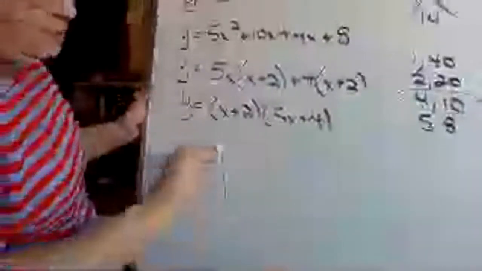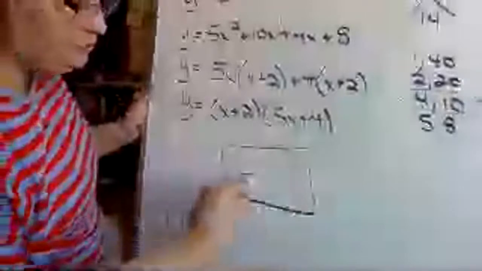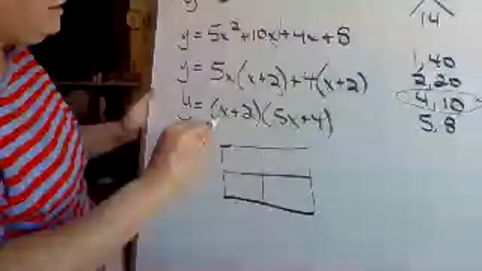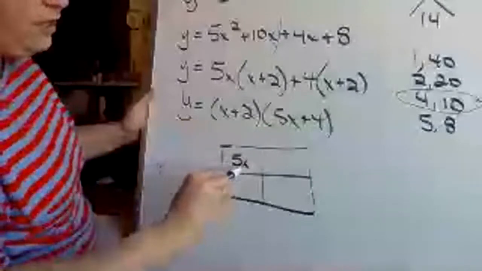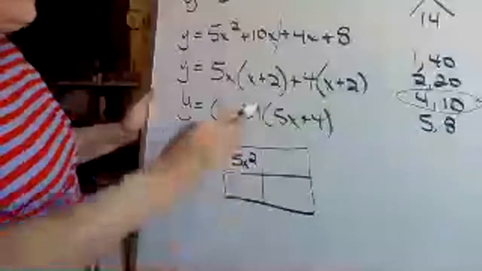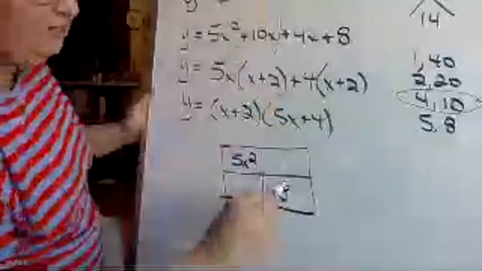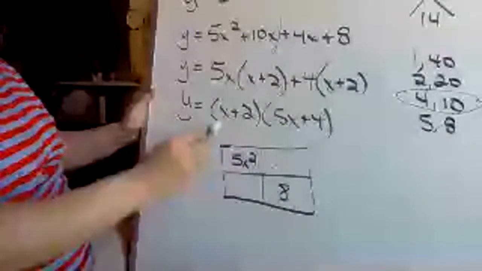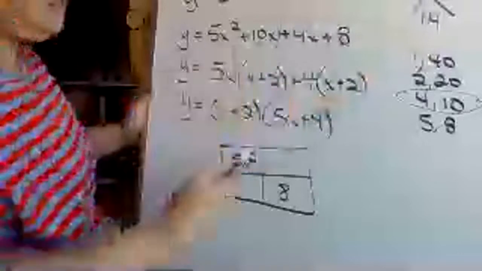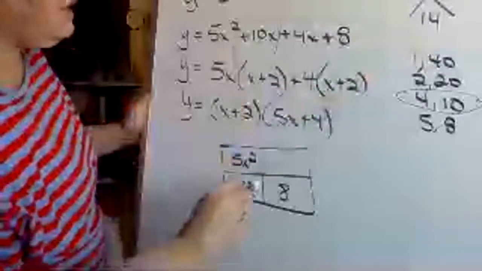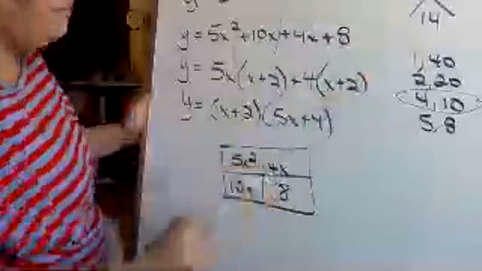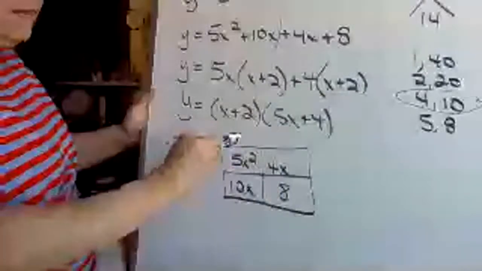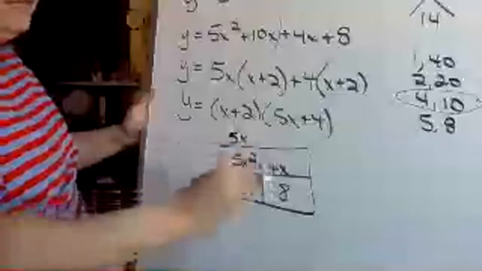Okay, so the box method. I would put my first term right here, 5x squared. I would put my 8 down here. These two are the two that you found in the X method. So the 10x and the 4x. So I look at these two and see what they have in common. 5x. What do these two have in common?